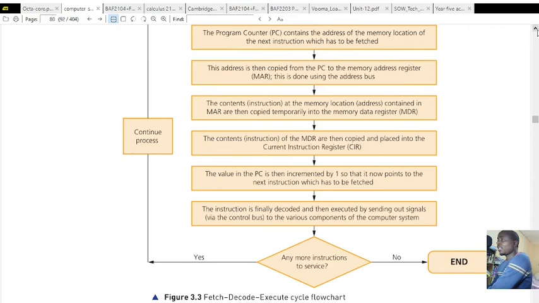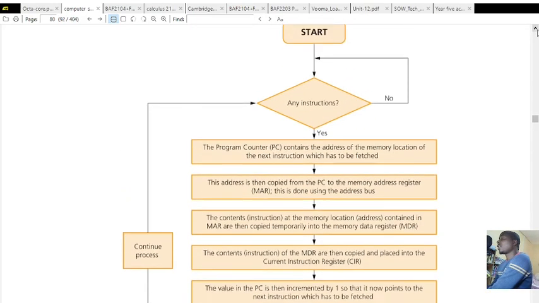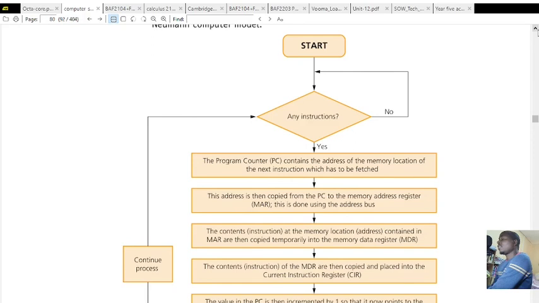So it starts from the program counter. The memory address is copied to the memory address register through the address bus. Then the address bus is also used to send the signal to the memory location where the data is stored.